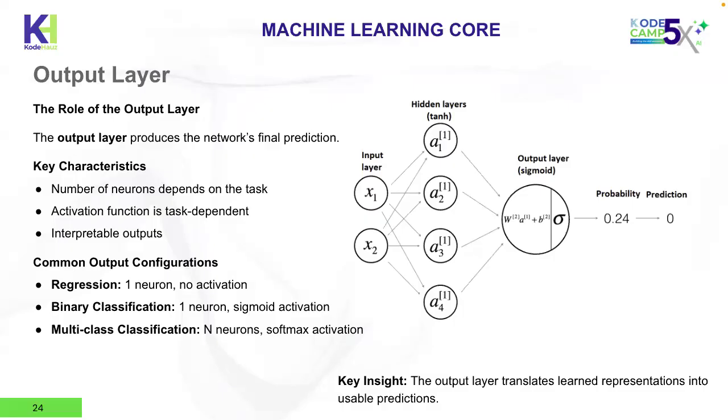Unlike the values in the hidden layers, which you will not be able to interpret, they will just be numbers that you cannot know what they mean, right? But the values from the neurons on the output layer have to mean something. It has to match the training target.